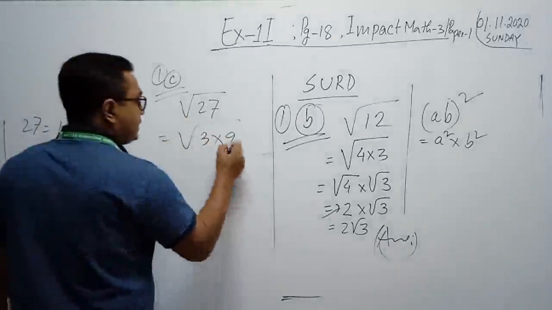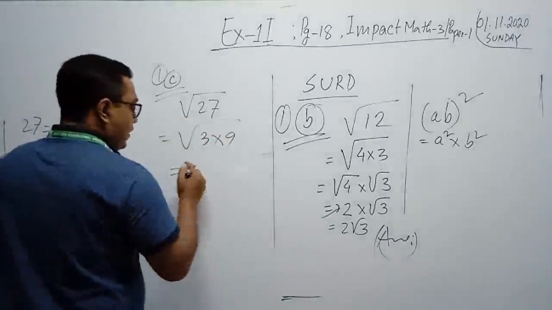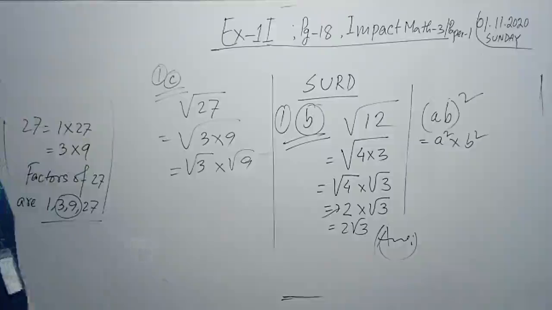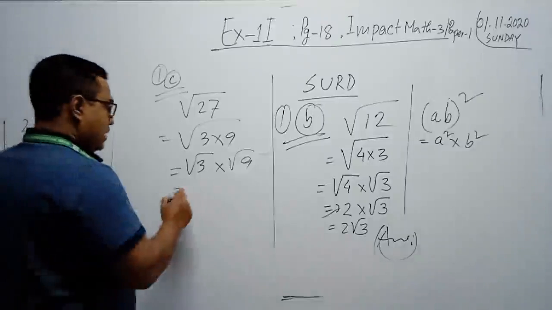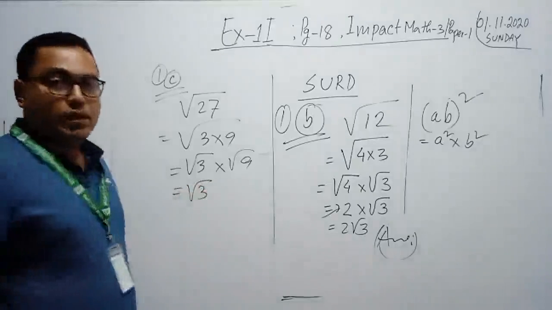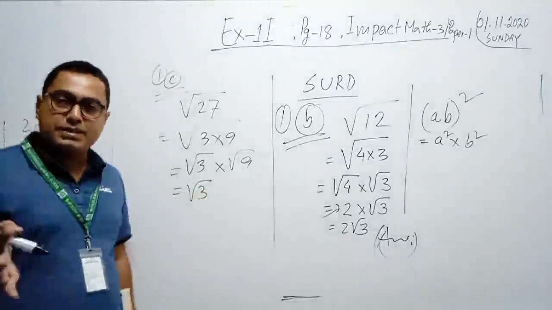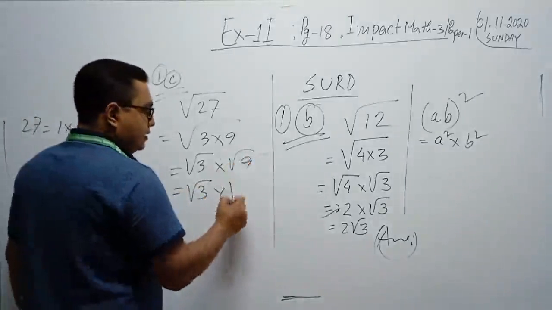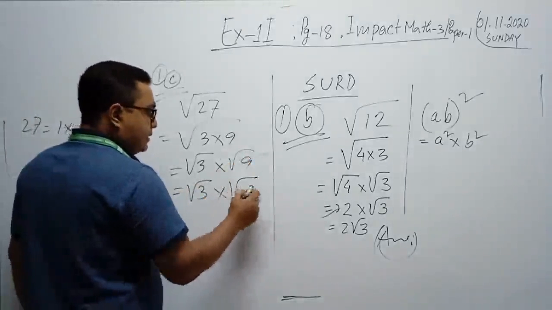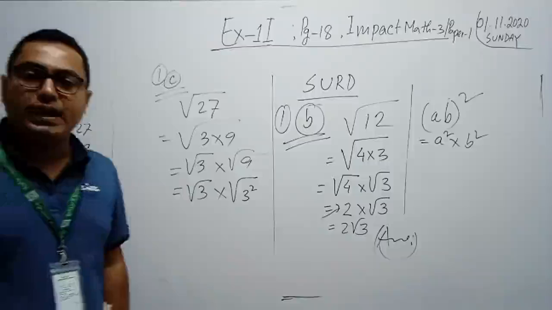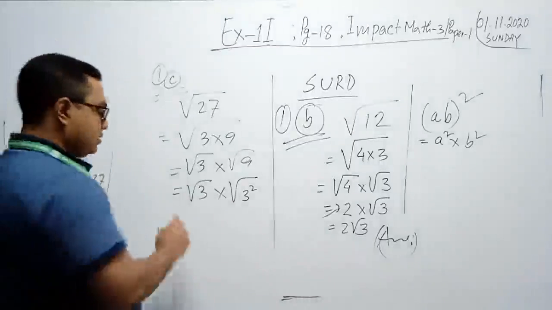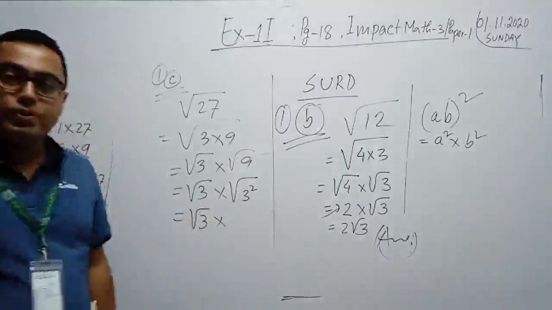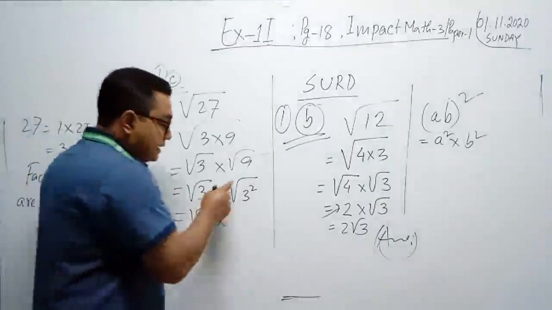So 3 times 9. The root will be distributed: 3 into the square root of 9. And look here, if we take the square root of 3, we will get some decimal places, so we don't need it. Here, 9 can be represented as 3 square. We don't need to make it more complex.